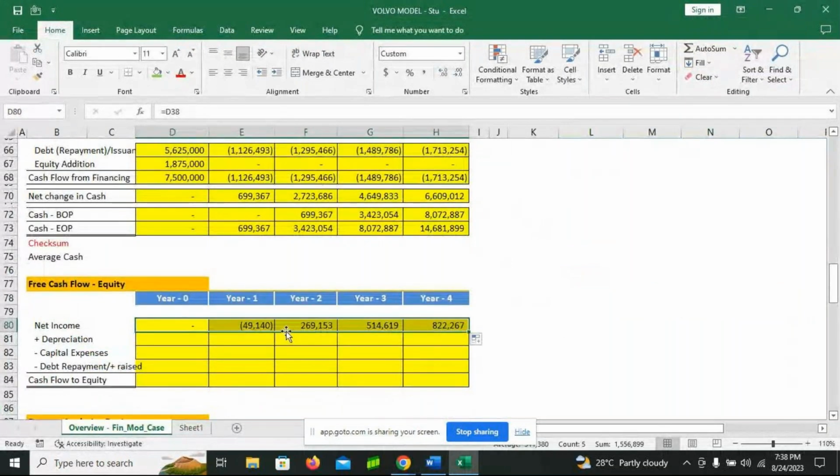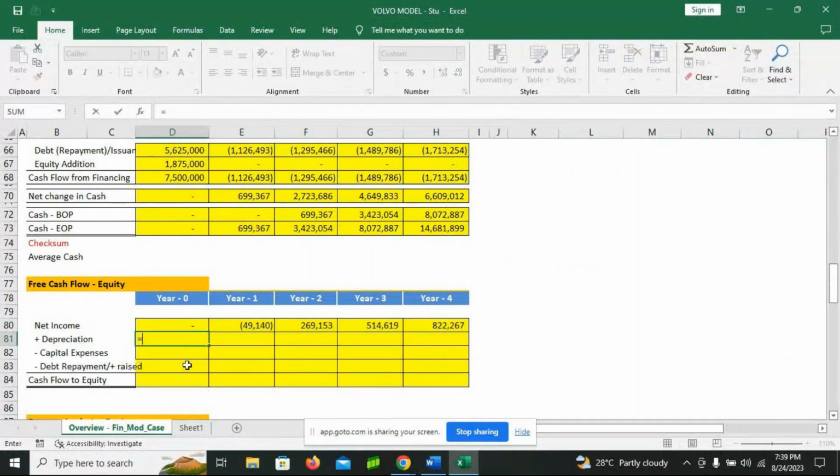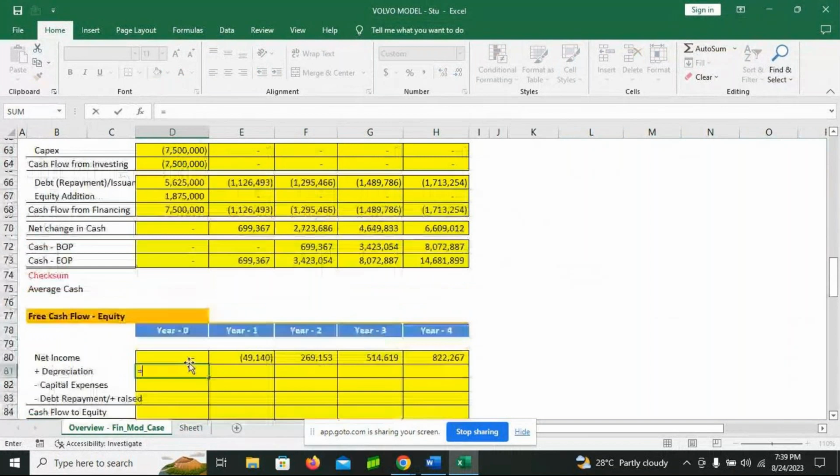So I have taken my net income. Now next, depreciation equals depreciation value.